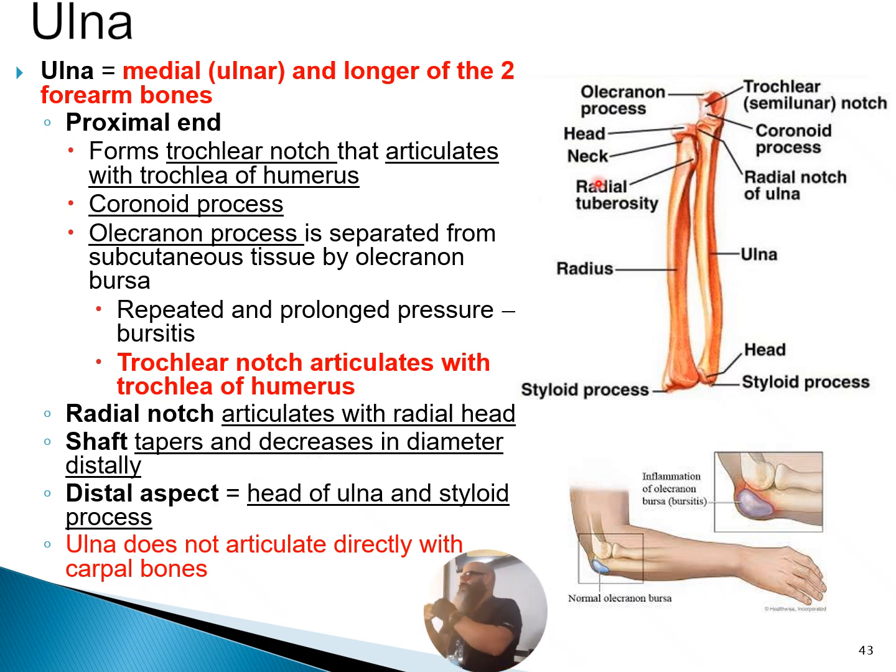The radius expands and gets wider distally at the wrist, but the ulna starts off wider proximally and gets much more narrow distally, okay? So it's the opposite of the radius. Radius enlarges much more distally, more surface area. Ulna proximally has much more surface area and decreases in size distally as it gets to the wrist, okay?